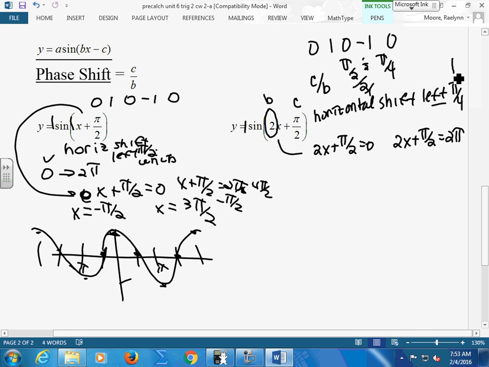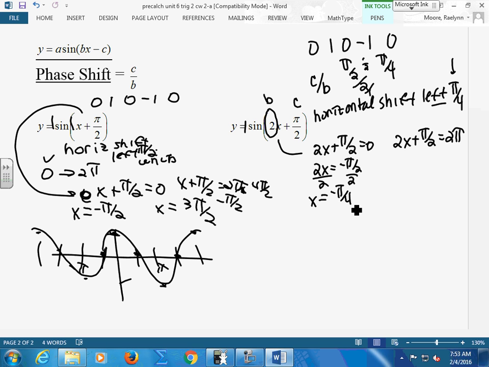And we can still figure out here where we're going to start. We can kind of visualize this. So we do this. We divide by 2. And you told me exactly we were starting at negative pi over 4. We shifted it to the left. We got 2 cycles to go through.